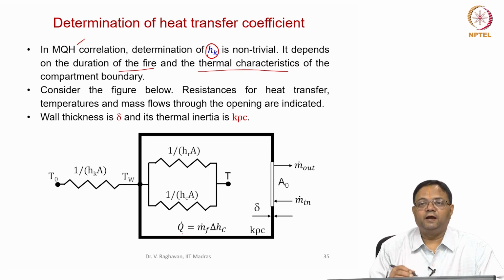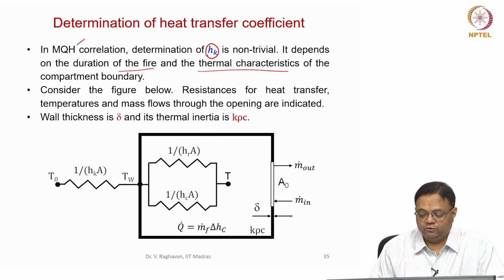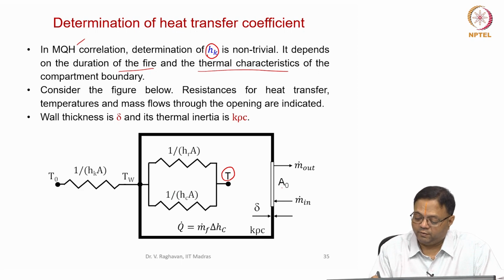Any heat transfer problem can be solved by using electrical circuit analogy. Let us say that T is the compartment temperature within the compartment, and there is a vent in the compartment of area A naught and height H naught.